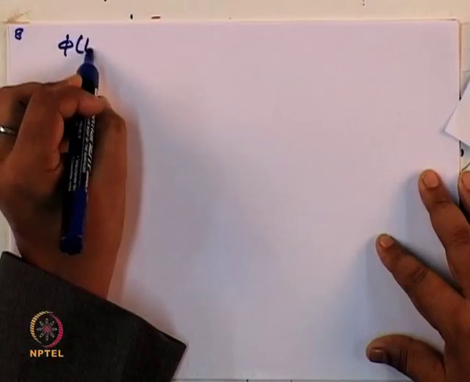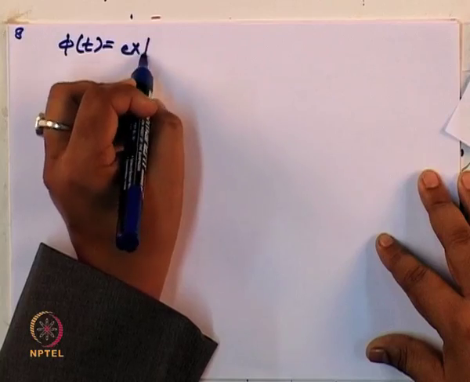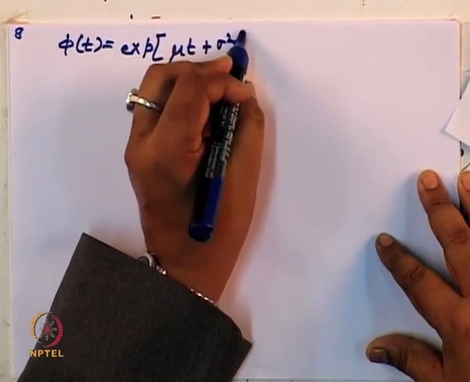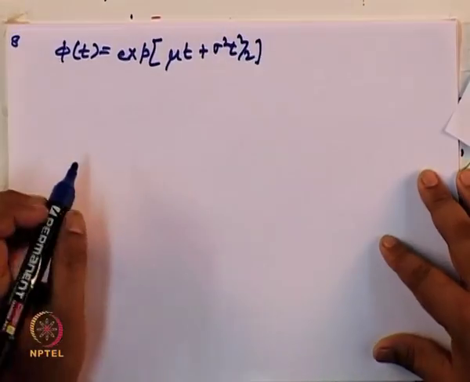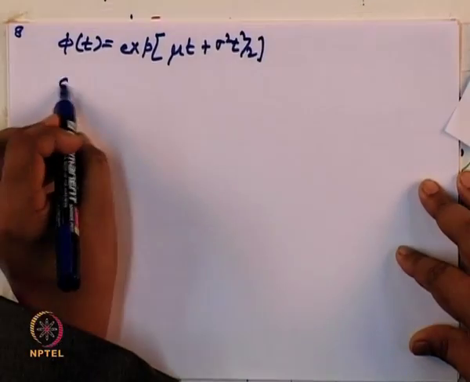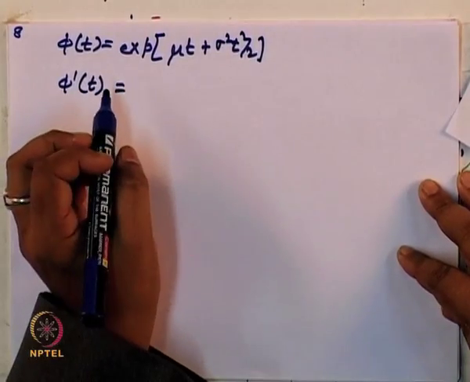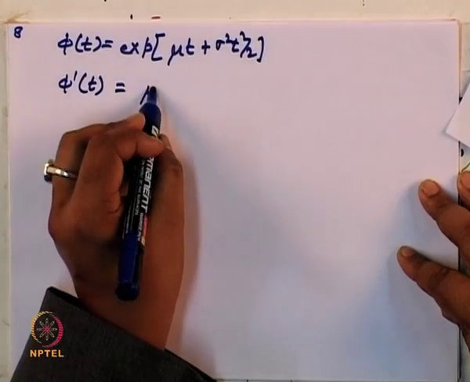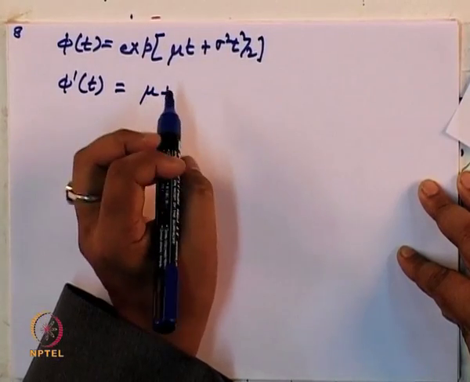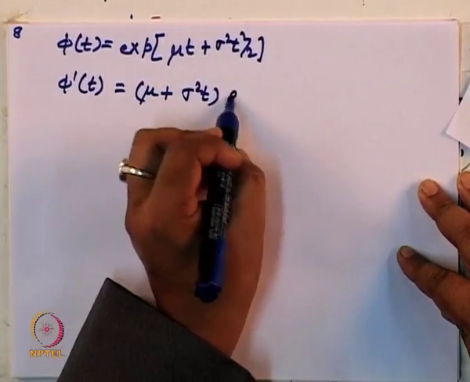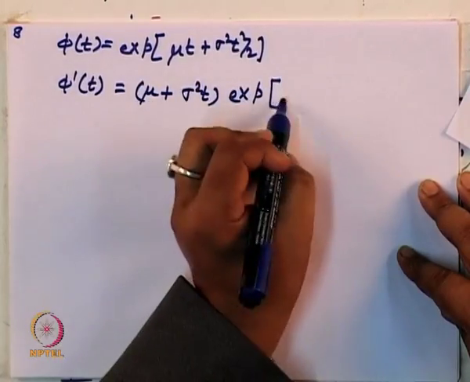So, I can then write the entire phi of t as nothing but exponential mu t plus sigma square t square by 2. So, phi prime t then becomes simply mu plus sigma square t into exponential of the same thing.